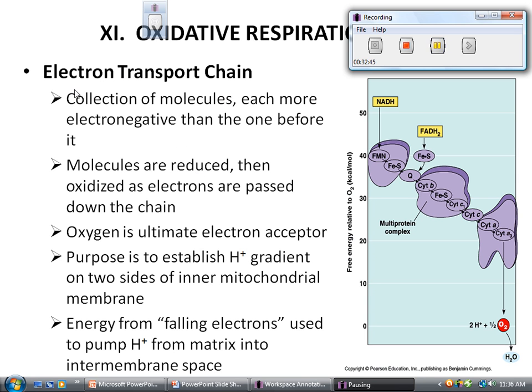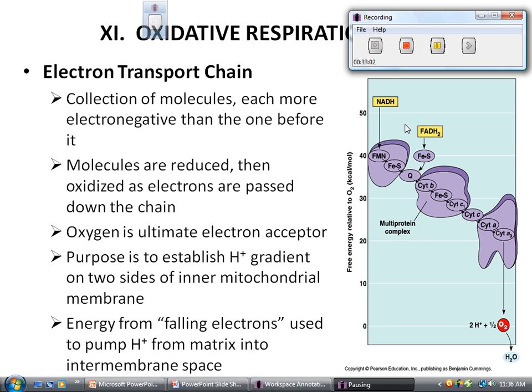The electron transport chain is a collection of molecules. You can see in the picture all these, like FMN, FeS, Q, listed along the way. It's a collection of molecules, each more electronegative than the one before it. The way it functions is you've got all these NADHs and FADH2s, which came from glycolysis and the Krebs cycle.